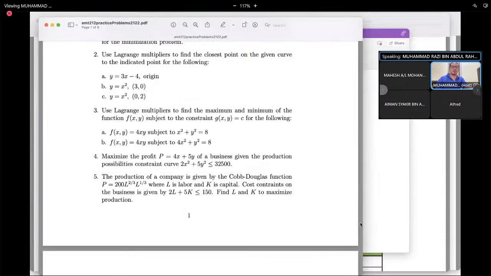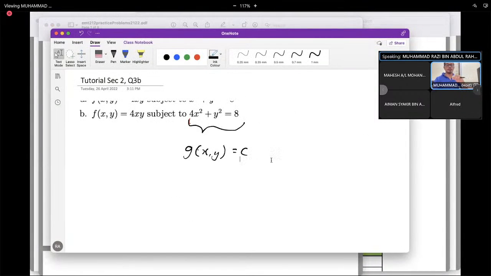Okay, I also share this preview. All right. So as I mentioned, in the PDF it says subject to g(x, y) = c, where c is the variable that constrains it. But at the end, we want to deal with this specific statement, basically 4x squared plus y squared, that is g.